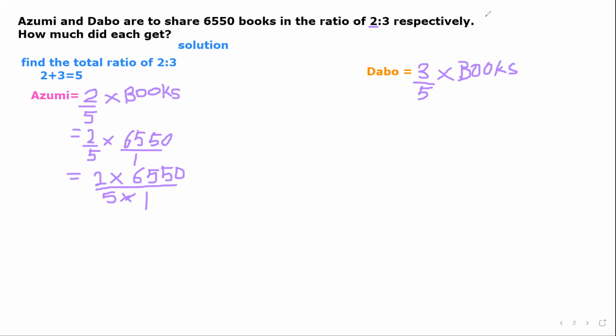Then you do your cancellation. 5 goes here, 5 cancels 5 once. 5 also cancels 6,550. Let's do the long division here. We have the long division machine, and then the 5 will be here.